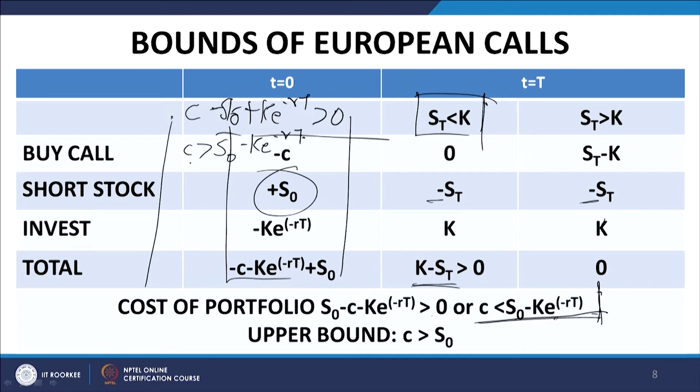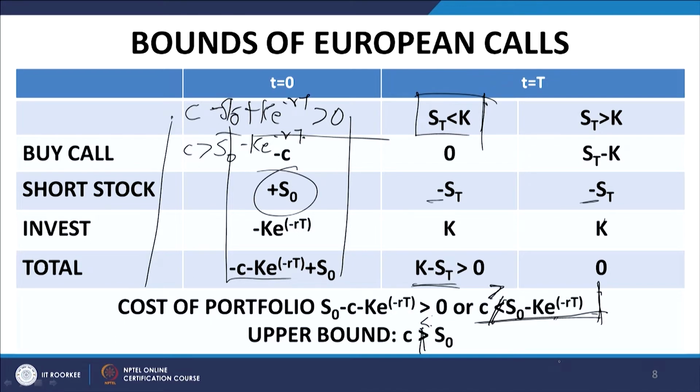I made a mistake here, it is K e to the power minus R t. And C must be less than S naught. I will come back to this in a minute, but C must be greater than S naught minus K e to the power minus R t, because the cost of this portfolio must be greater than 0, because it is promising some positive return howsoever small, and the cost is C.